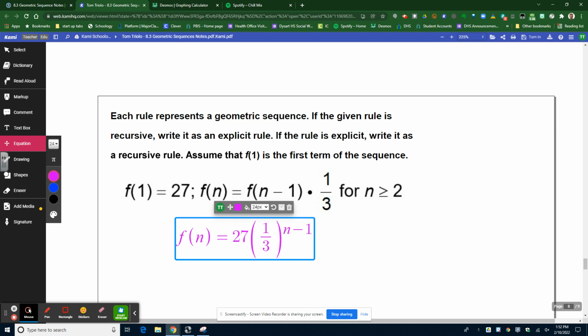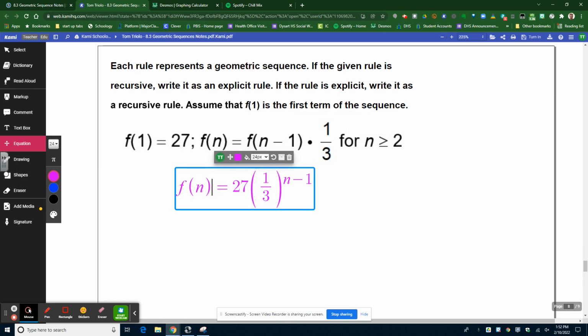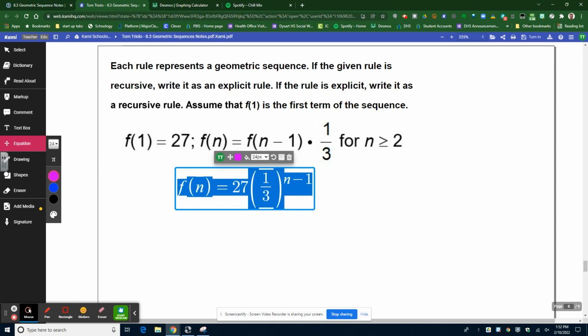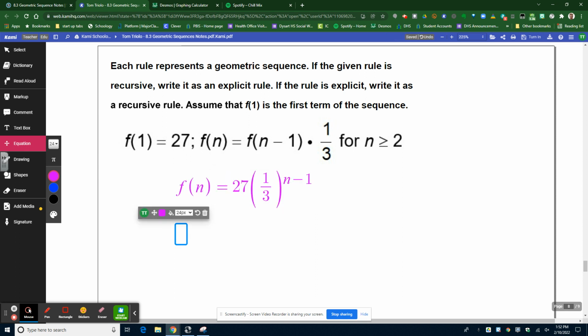The 27. Okay? So I'm going to do a little copy and paste action. Not try to do everything in one step. So paste. Let's change the 27. This is going to look weird because normally we change it into a whole number. We're going to change 27 into a power of 1/3 because that is our common base.